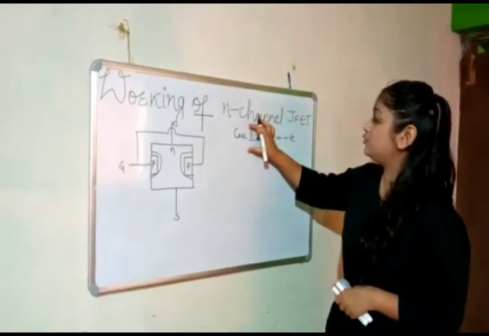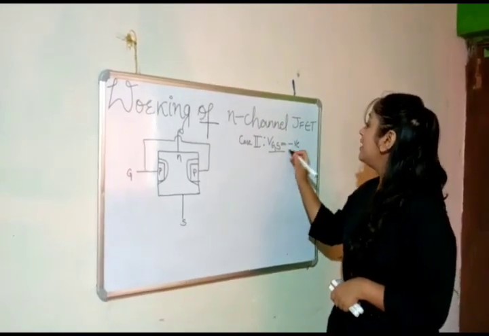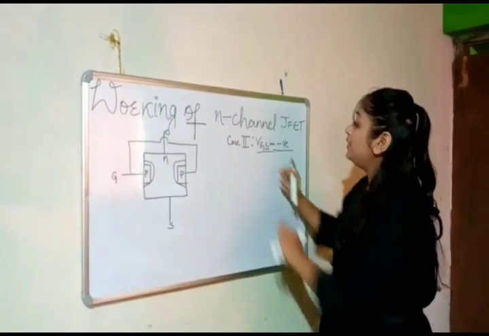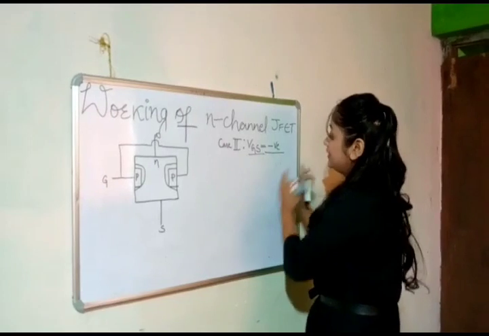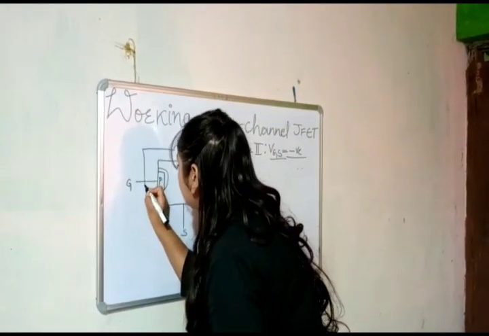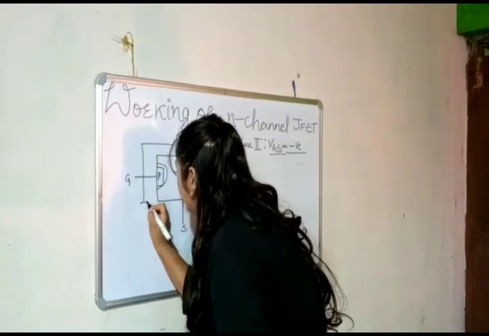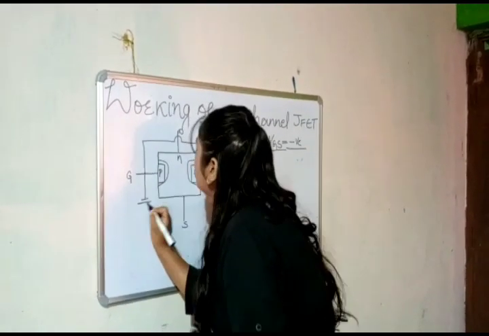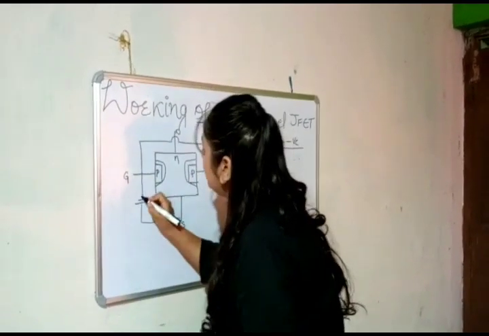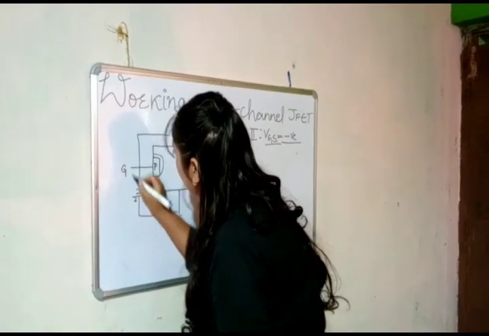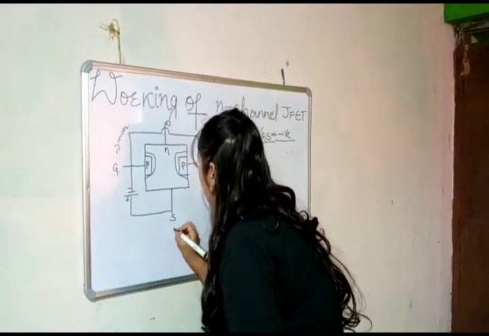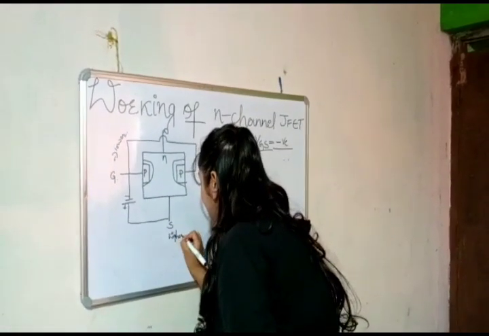So case 2. Now let us discuss case 2, that is VGS is negative. We need to make that VGS negative. What will happen if we make VGS negative? When we make VGS negative, that is when we connect this gate to the negative terminal of a battery and source to the positive terminal of a battery, then this gate becomes lower potential and this will be of higher potential.